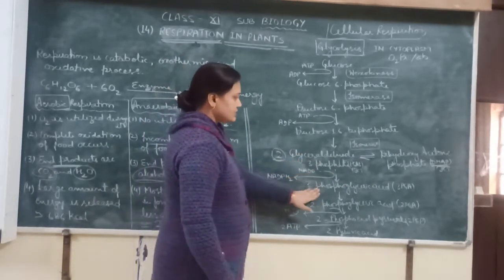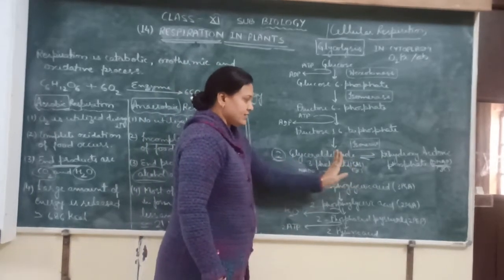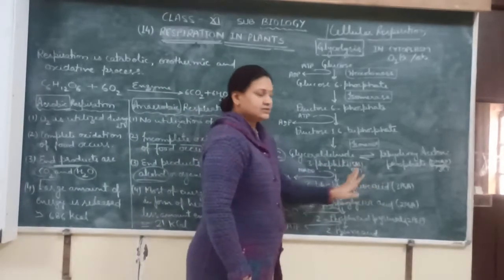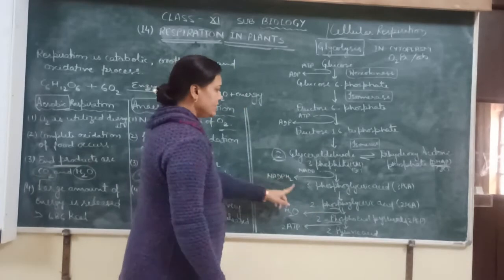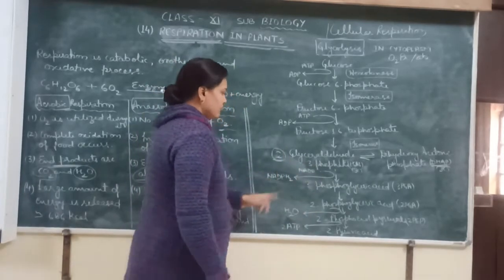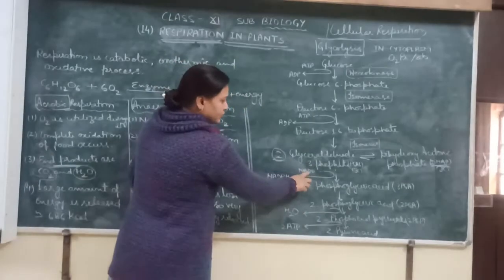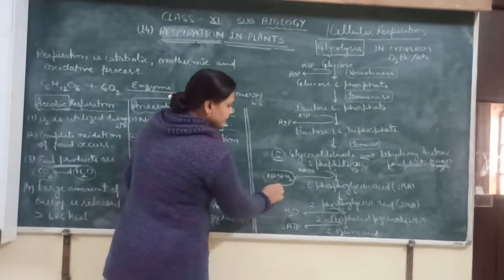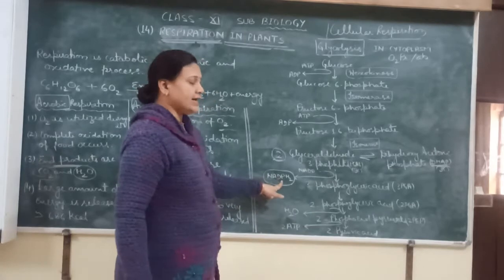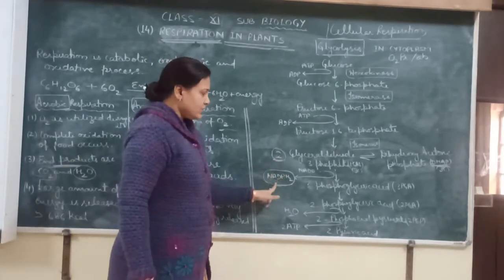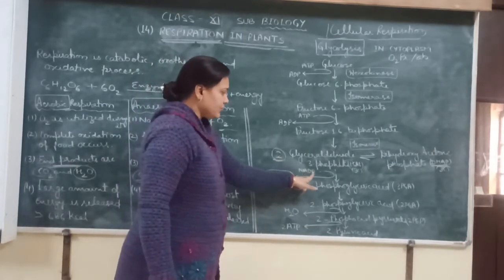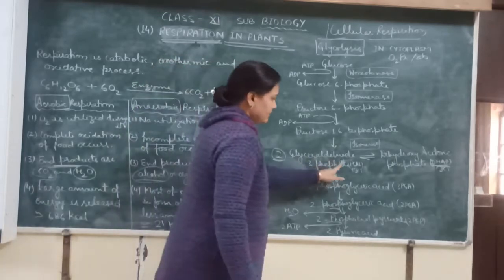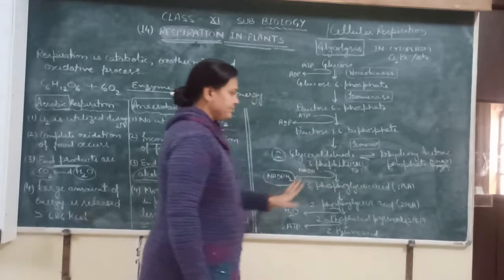Now the next process is 3-PGAL is converted into 3-phosphoglyceric acid, that is 3-PGA, and for this conversion 1 NADP molecule is converted into NADPH2. NADPH2 means reduced nicotinamide adenine dinucleotide phosphate. So here 1 NADP molecule is reduced, the reduction takes place, and PGAL is converted into PGA.